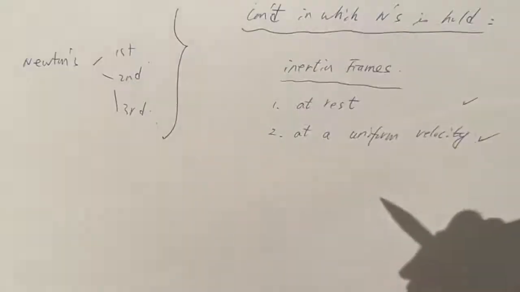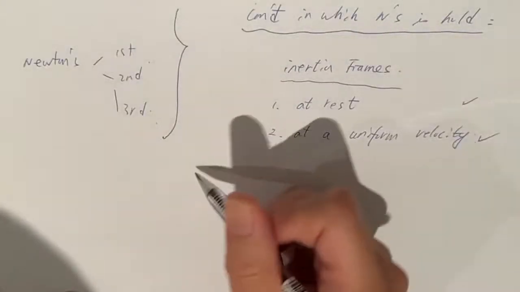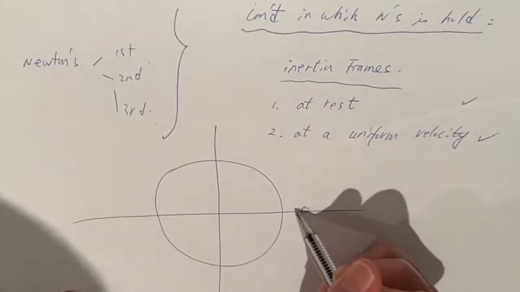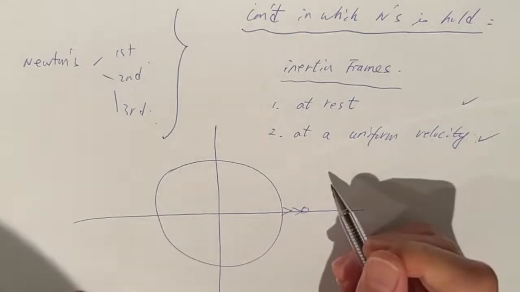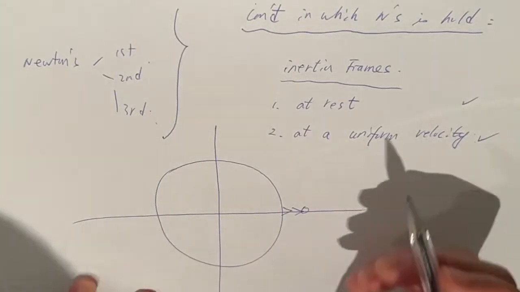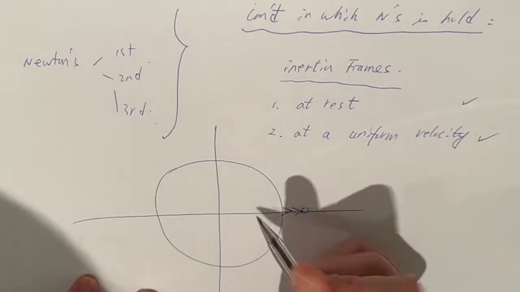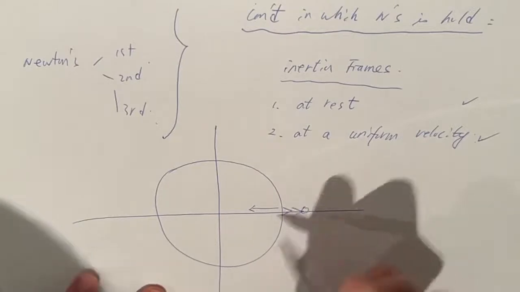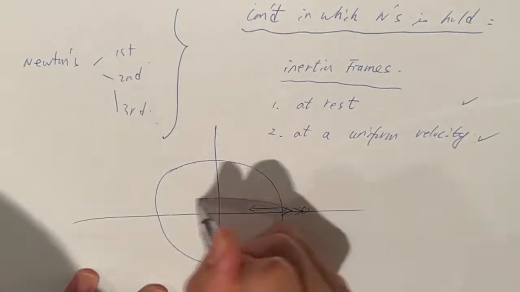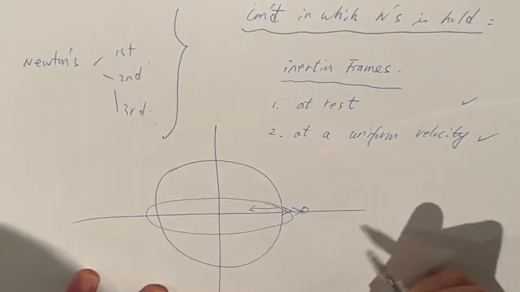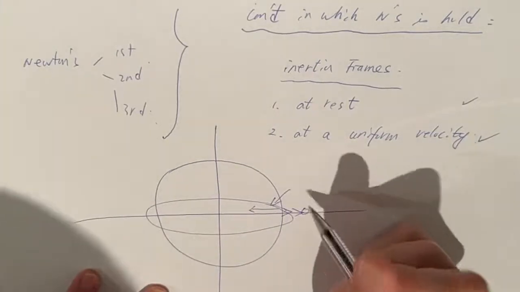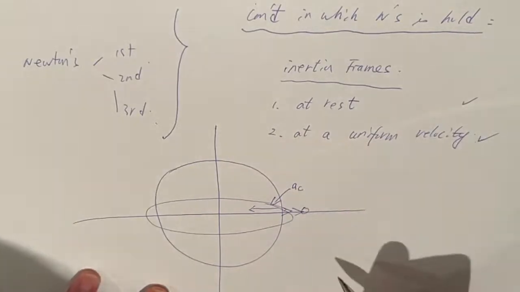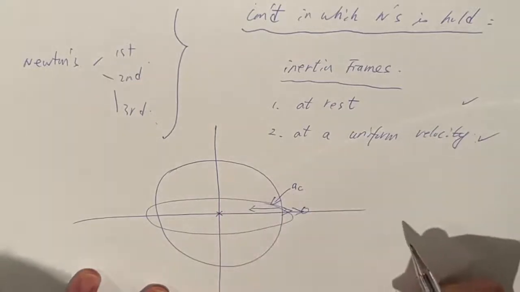So, for the person at the equator, since the person is moving along the circle here, we say that there will be a centripetal acceleration, a_c, towards the center of the Earth.